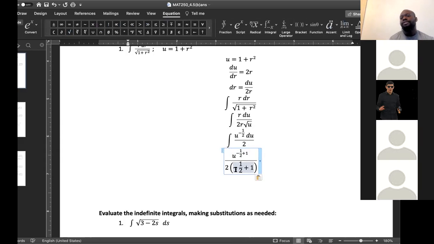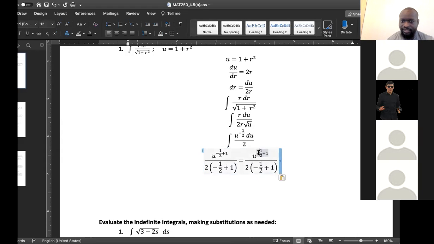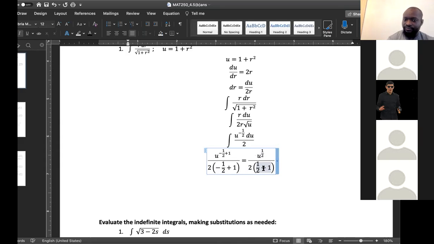So this is just equal u to the half over 2 times half. So 2 times half is 1. So my answer is just u to the half. That's all. So it's just square root of 1 plus r squared. That's my answer.